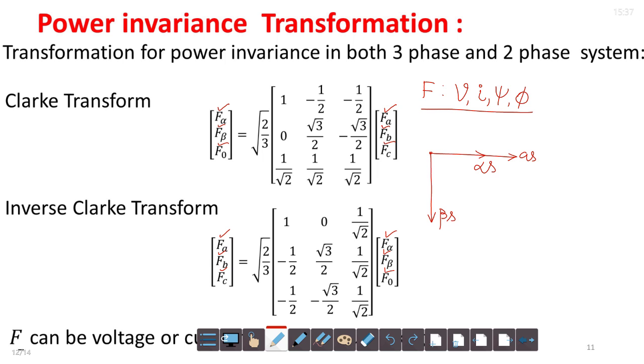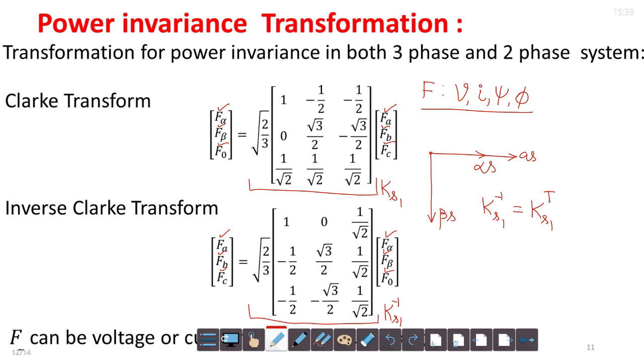This is the transformation matrix, let us say Ks1, and this is the inverse transformation matrix, Ks1 inverse. What we see for this transformation is that Ks1 inverse is Ks1 transpose.